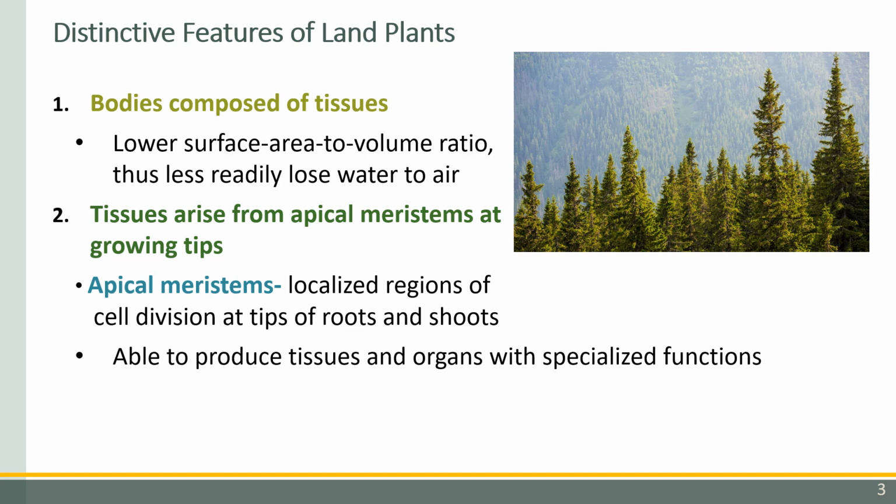Now, as far as land plants are concerned, this means that they have a low surface area to volume ratio. Essentially, what happens is that the larger a cell gets, the more surface area it has.